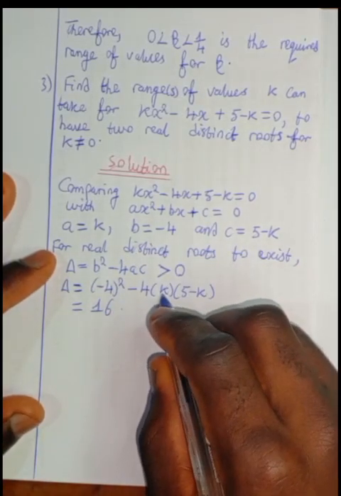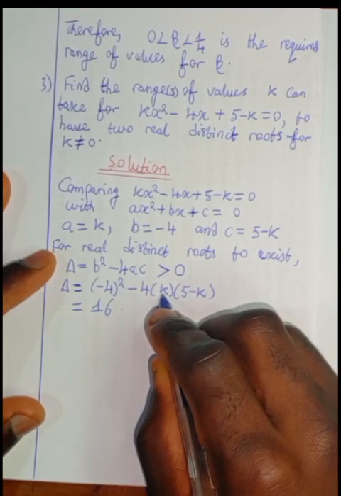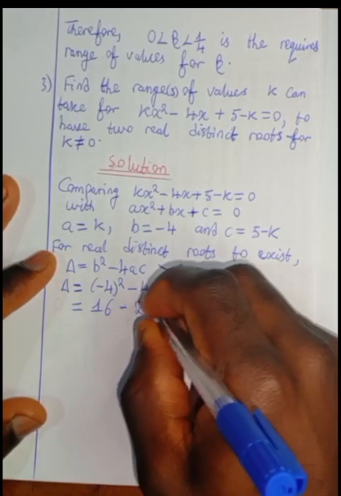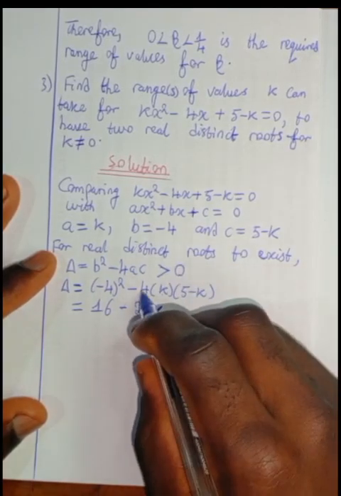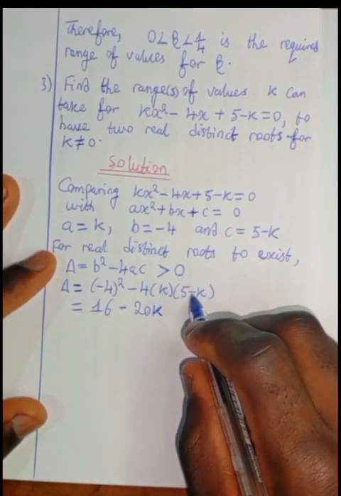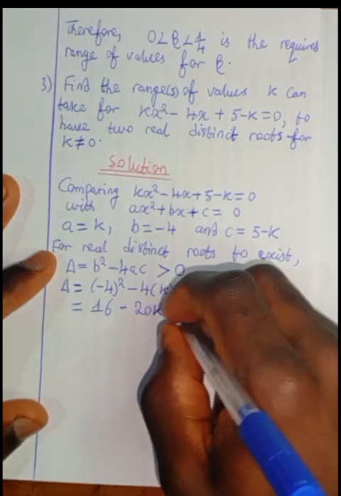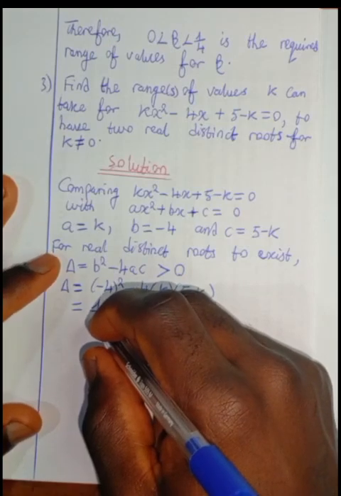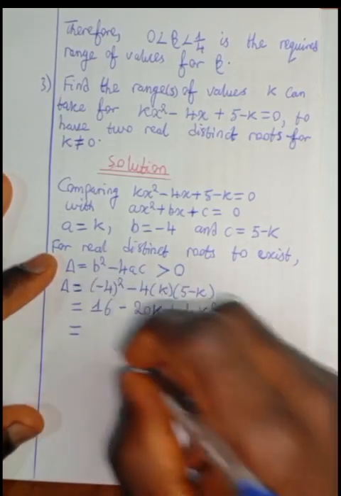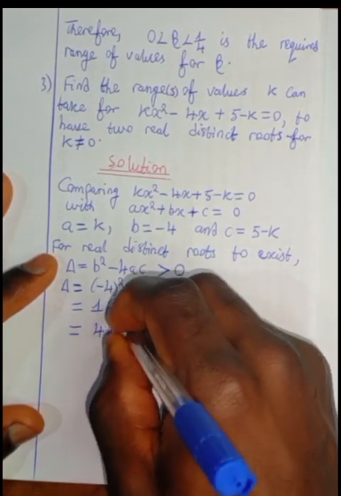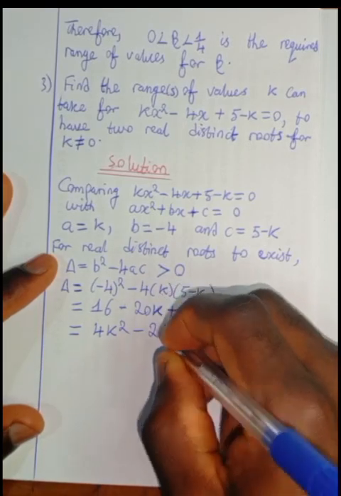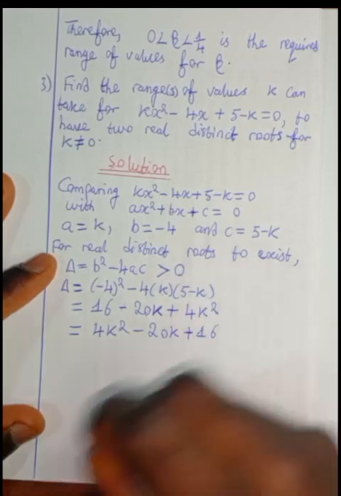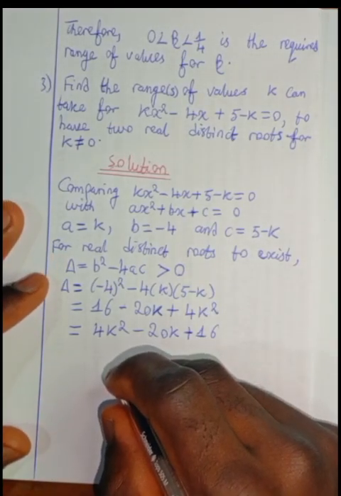Negative 4 times k gives us negative 4k. Negative 4k times 5 gives us negative 20k. And negative 4k times negative k gives us plus 4k squared, which is equal to 4k squared minus 20k plus 16. This is what we are going to have.